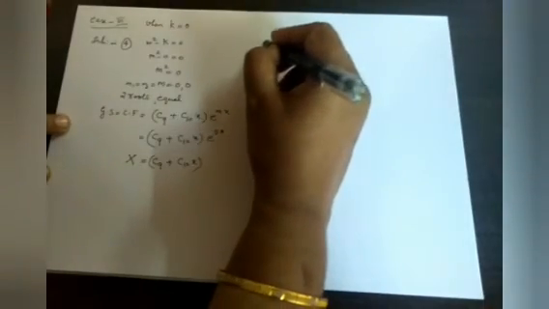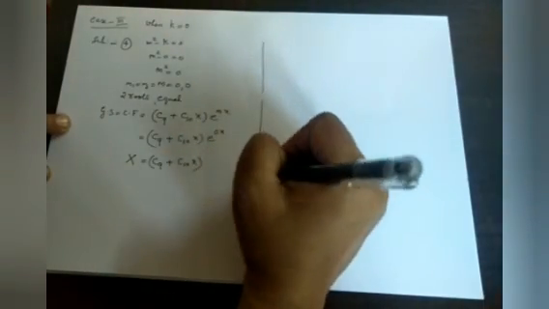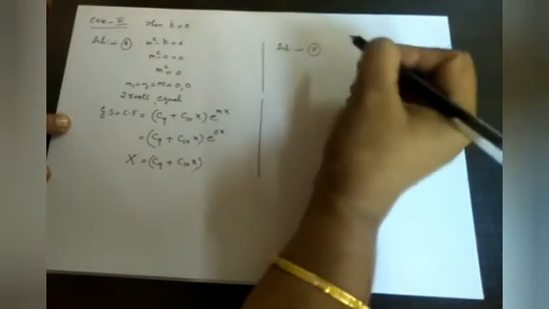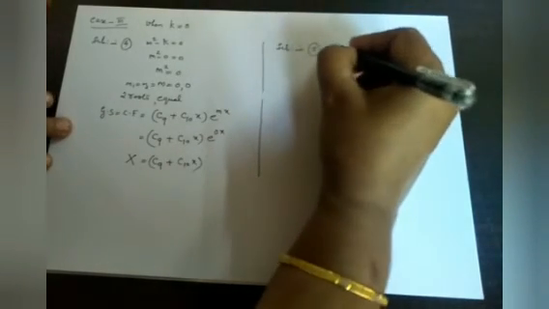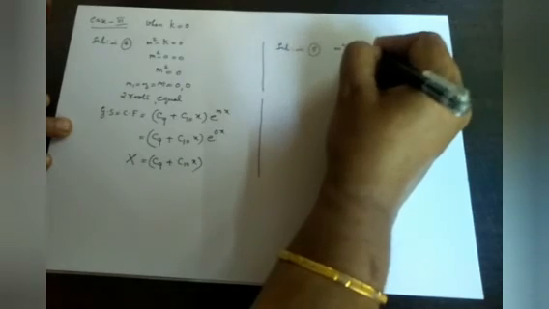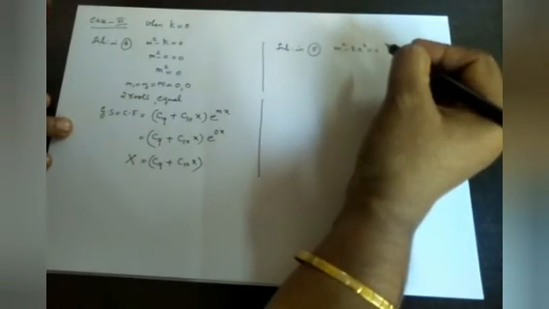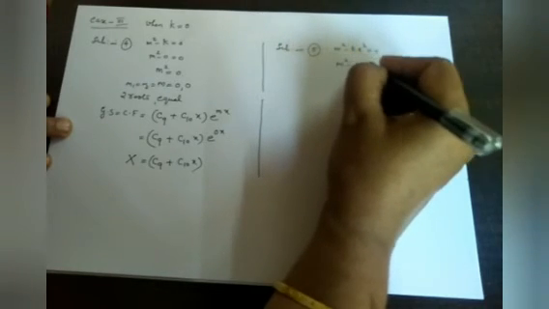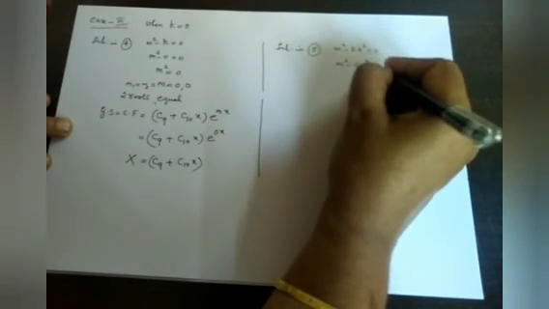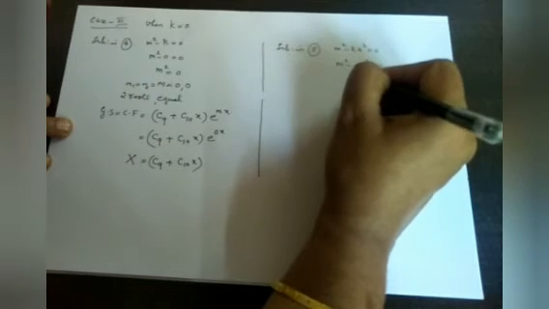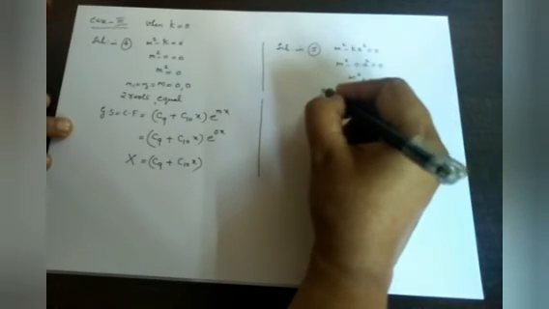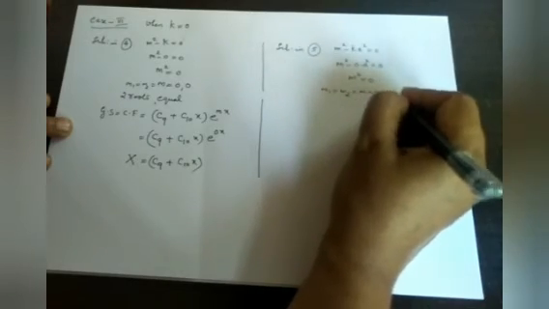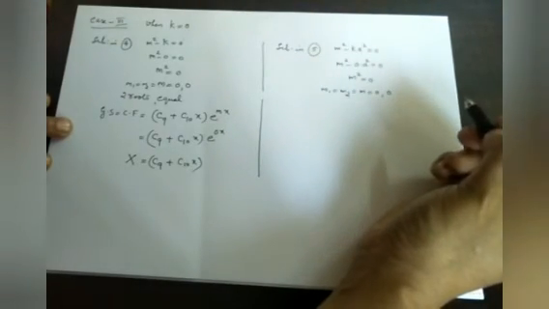Now, substituting in 5. The fifth equation is m square minus k square equal to 0, in which we will substitute 0 in the place of k. This is m square minus 0 into a square equal to 0, or m square equal to 0. The same, m1 and m2 are m equal to 0, 0. We have two roots which are equal.